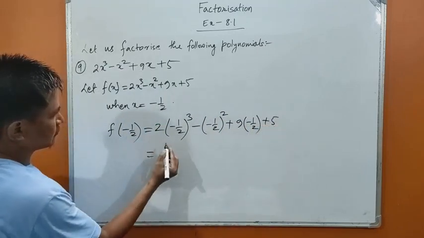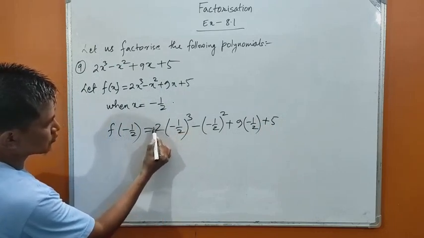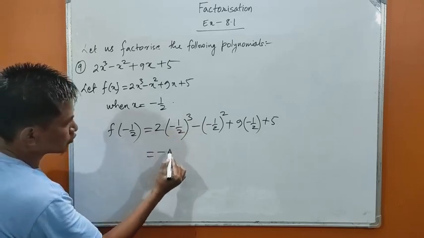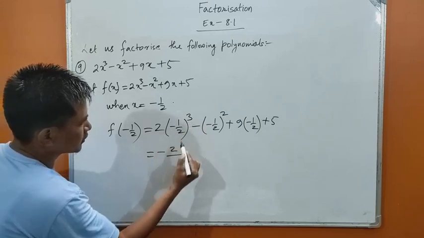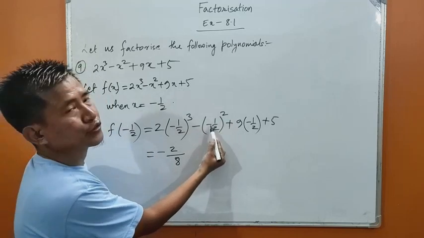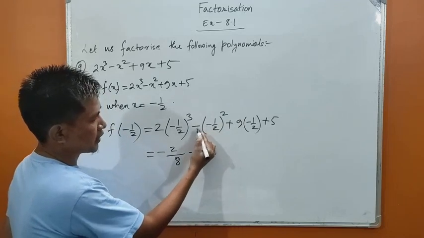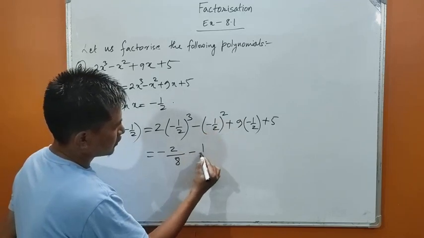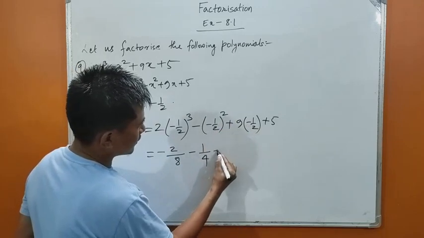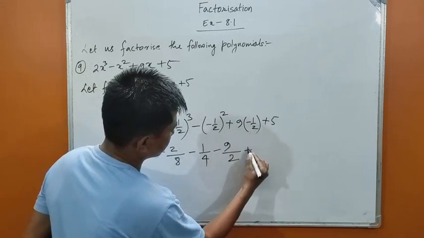Now since the power is odd number, the sign will remain minus. 1 cubed is 1, 1 into 2 is 2. 2 cubed is 8. Since the power is even number, this minus will change to plus. So plus into minus is minus. 1 squared is 1, upon 2 squared is 4. Here plus into minus is minus. 9 ones are 9 upon 2, plus 5.